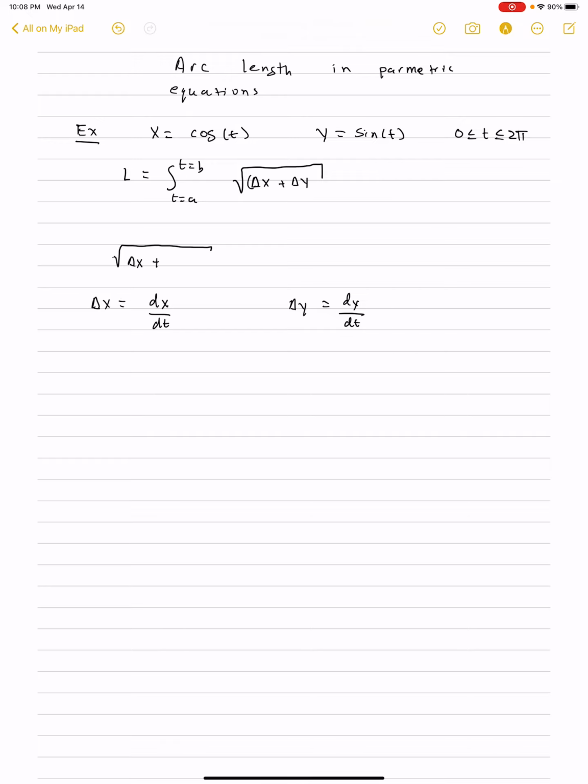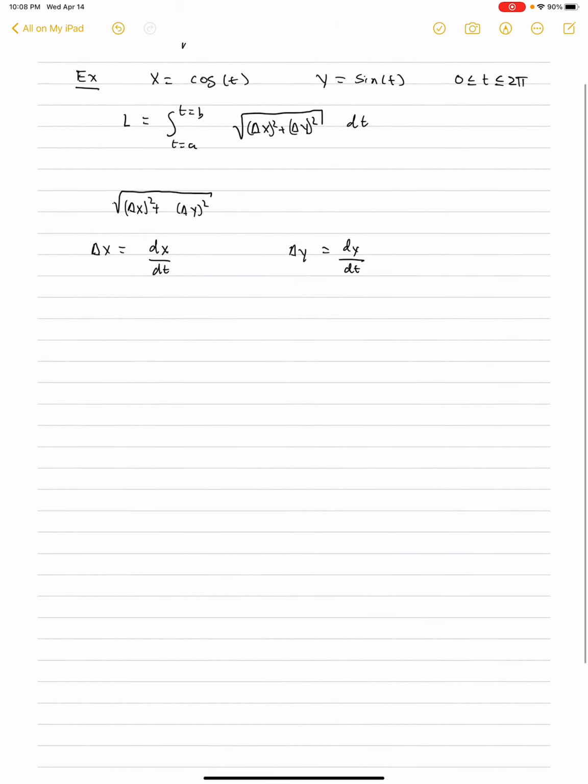By the way, because it's a triangle like we formed last time, I forgot to write down the squares. This is going to be delta x squared plus delta y squared. But I'm going to replace those delta x's and delta y's with dx dt and dy dt, so obviously we will integrate with respect to dt.